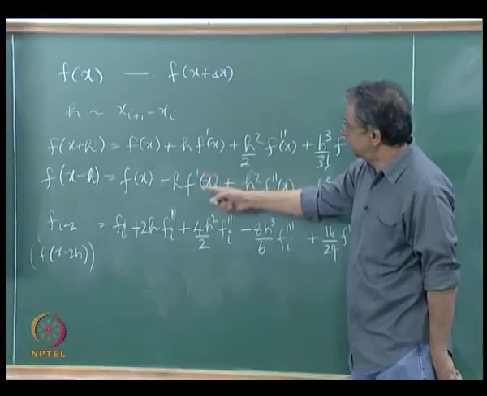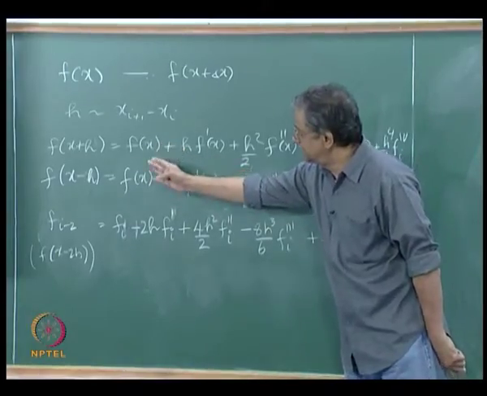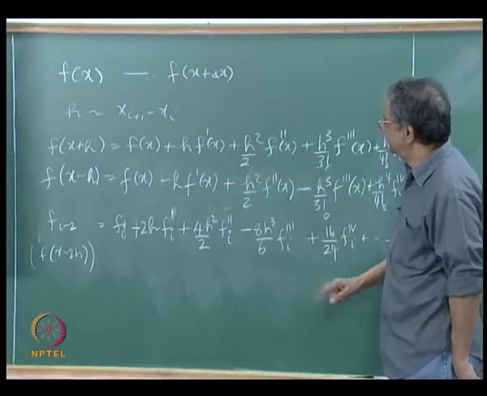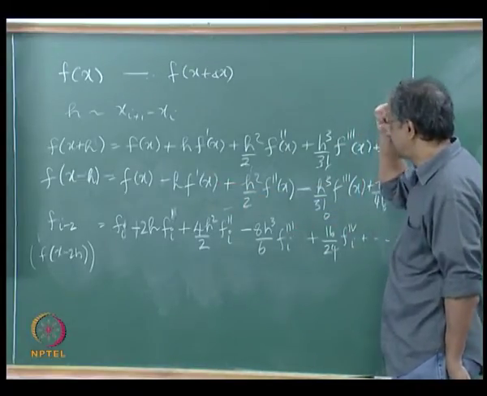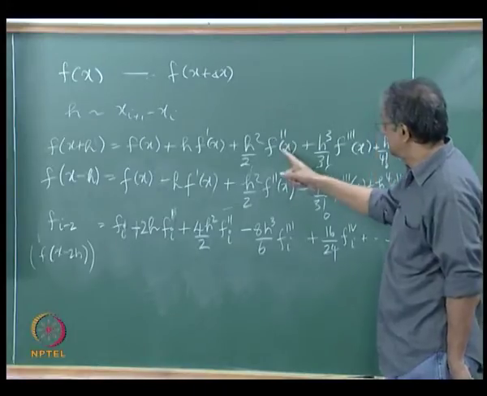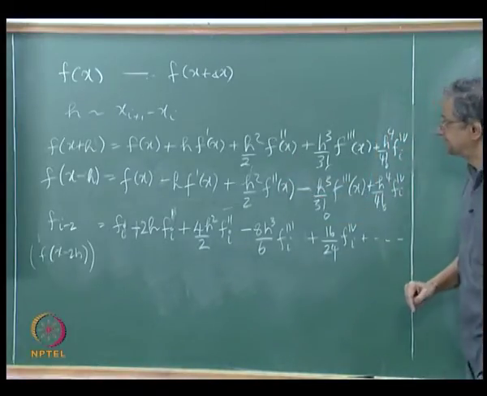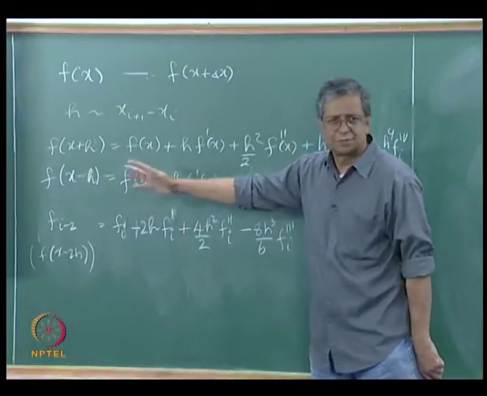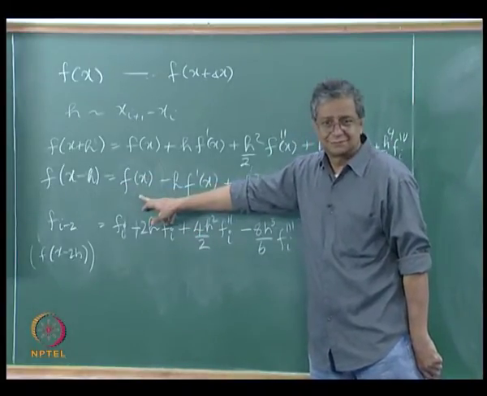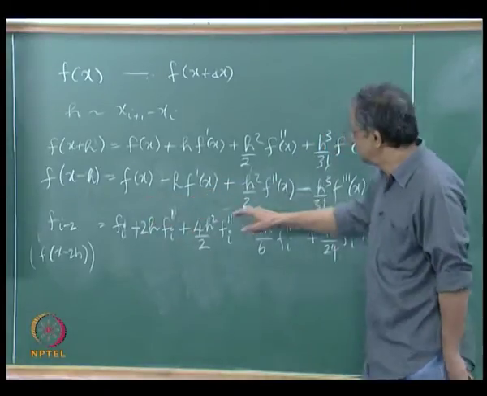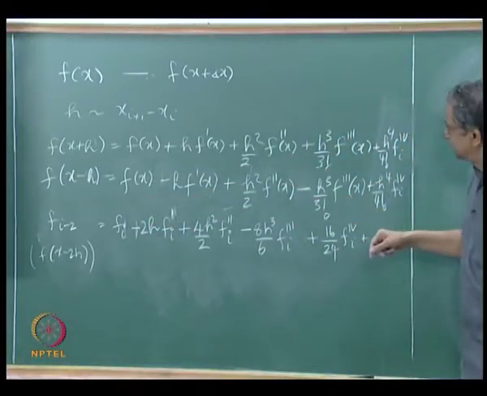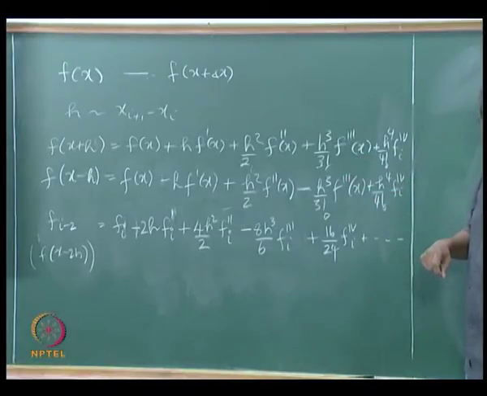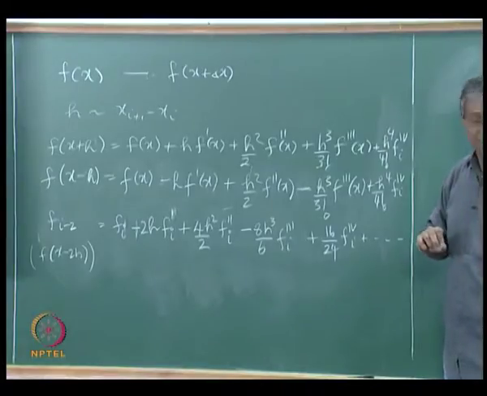When we had two equations, we essentially eliminated the f of x and retained this term, and eliminated the f double prime term. We do not mind having the f of x, actually the f of x got eliminated, that was just one of those side things that happened. What we really want to do is get rid of this. Now in this case I want to get rid of the third derivative term also. Am I making sense? Is it clear?